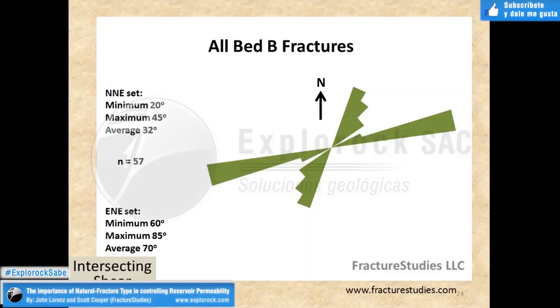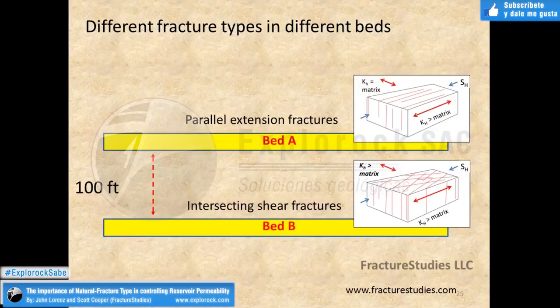Let's first look at these beds again. They're separated by 100 feet of shale. The upper bed has parallel natural extension fractures, and the lower bed, bed B, has this type of conjugate strike-slip shear here.